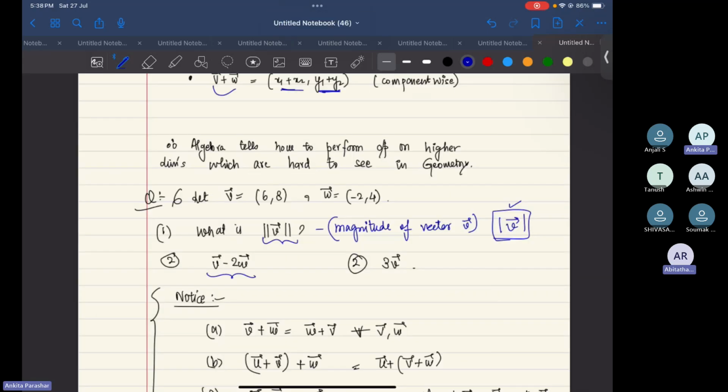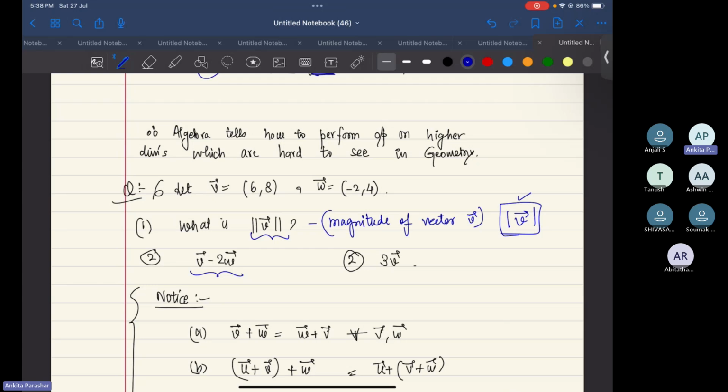By the time, tell me what is this vector v minus 2w. Anyone? 10, 0.